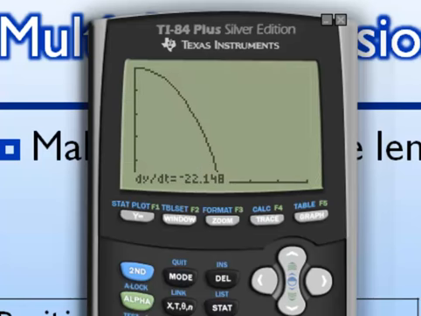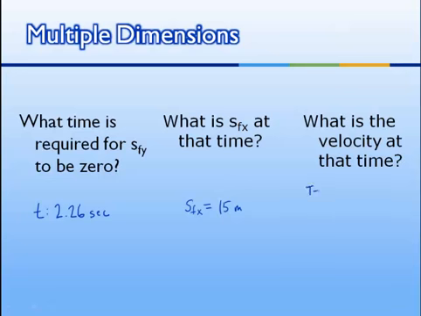So the velocity at 2.26 is negative 22 meters per second. Let me write that down a second. Using a time of 2.26 seconds, we found the vertical velocity to be negative 22 meters per second.